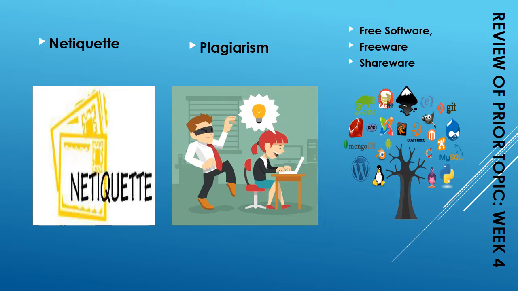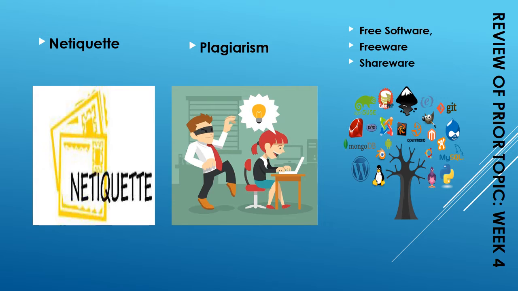For example, the photograph manager F-Spot, similarly desktop publishing software, and AbiWord, which is a word processor software. So essentially this sort of software can be run for any legal purpose. It can be shared with family, friends and colleagues, and also we can change the source code of this particular software.